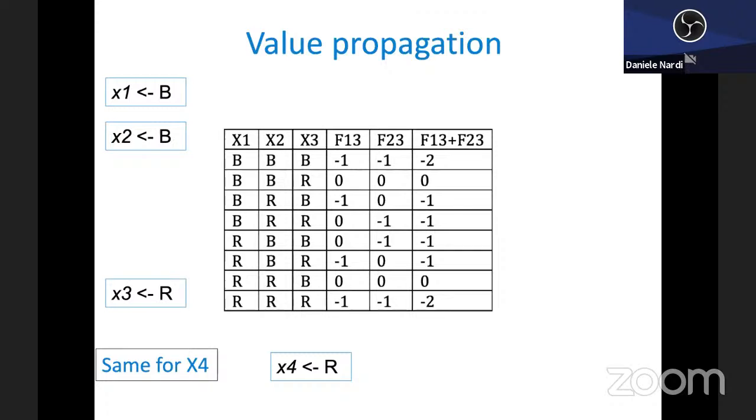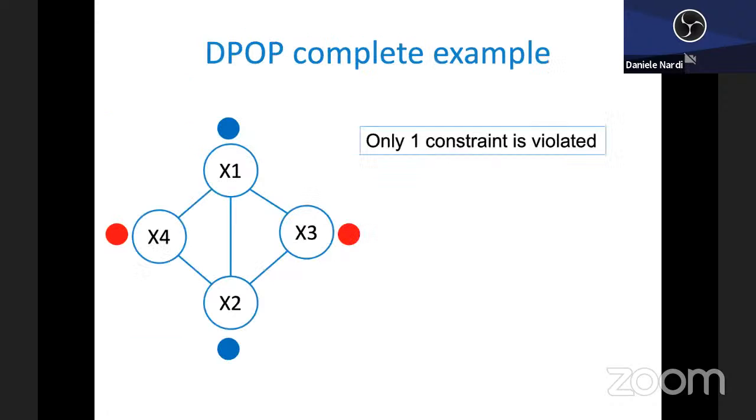And in fact, the constraints between X3 and X1 and X3 and X2 will both be satisfied if we do this assignment. The same type of table, the same type of message will take place for X4. And here we go with the final solution that we have obtained. We have X1, which is blue, X2 is also blue, and X3 and X4 are both red. And we obtained the optimal solution with only one constraint violated.